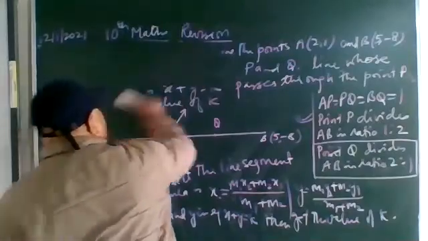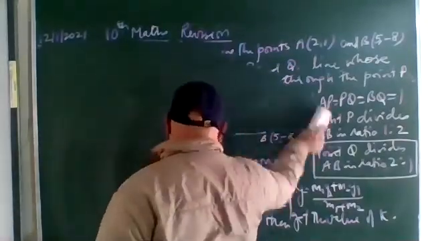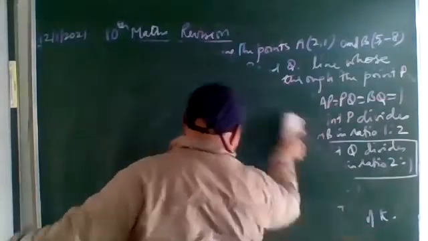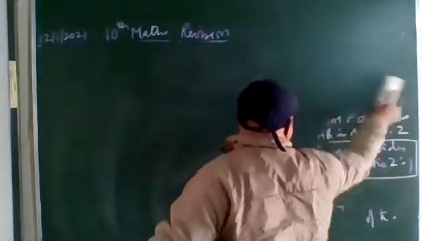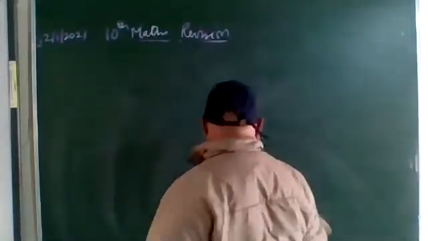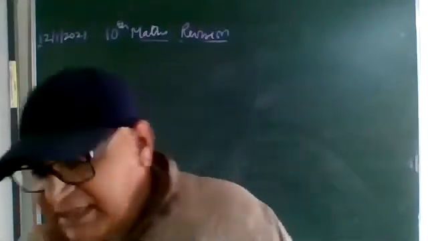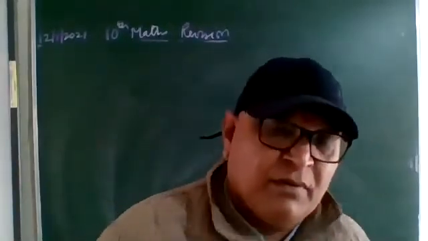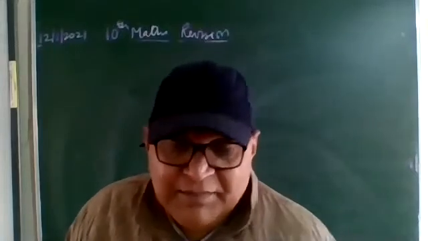This is the formula to find the coordinates of the midpoint. Now one more question on this: a line segment is given to you and it is to be divided into 4 equal parts. What do you have to do? First, find the midpoint of AB.